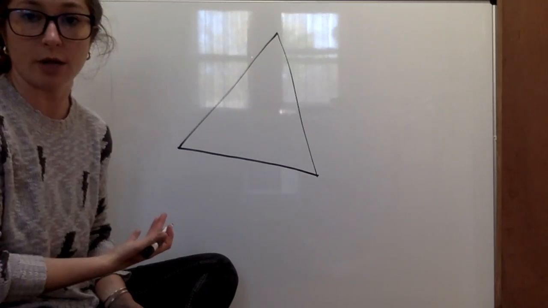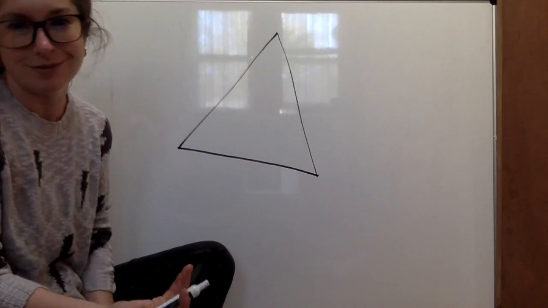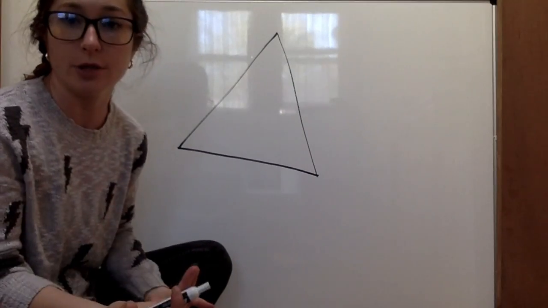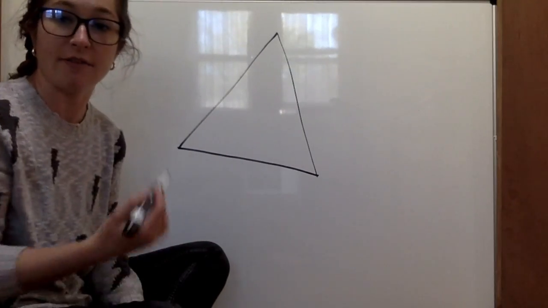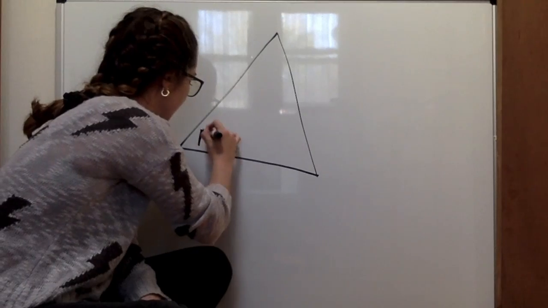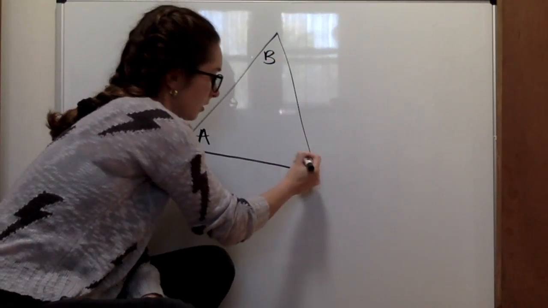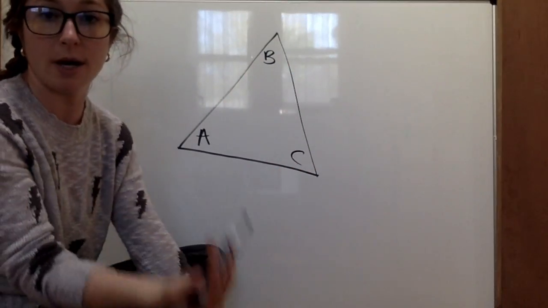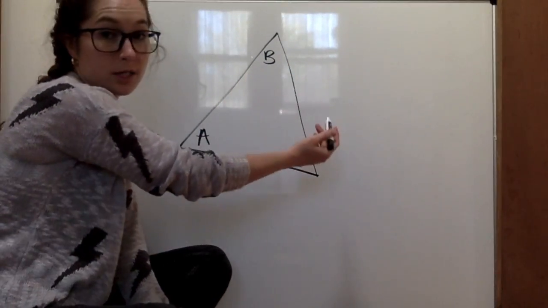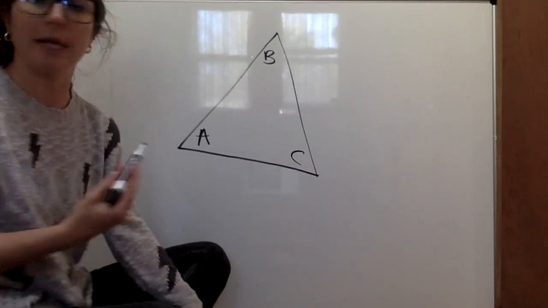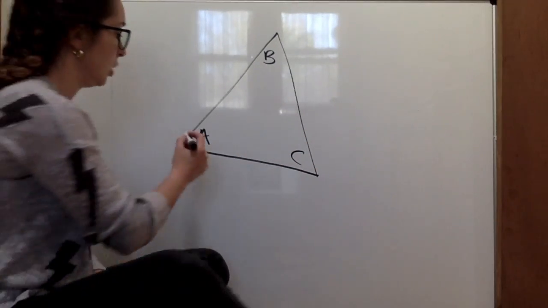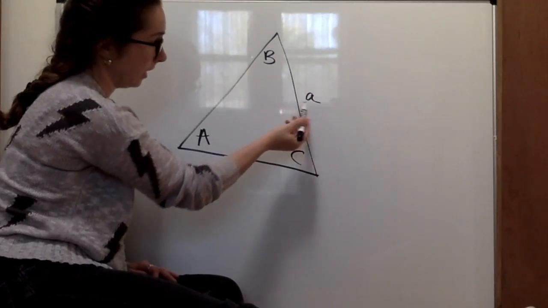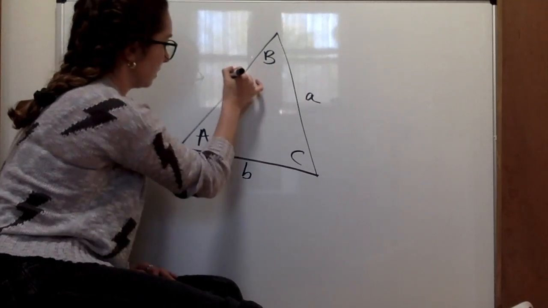When we're labeling our triangles for law of sines and cosines, and generally in triangles, your angles are going to have capital letters, often A, B, and C, for angle A, angle B, angle C. And then the corresponding side length, or the side that's across from an angle, is going to be labeled with the same letter, but lowercase. So this is going to be side length a, because it's across from angle A, and then side length b and side length c.